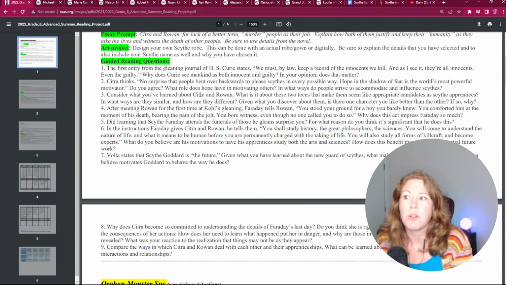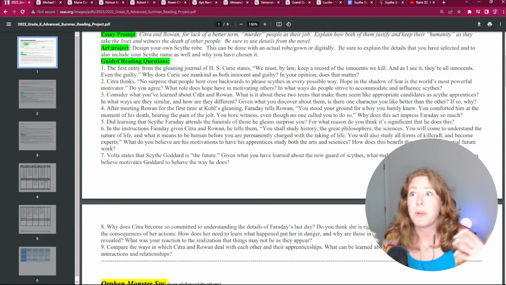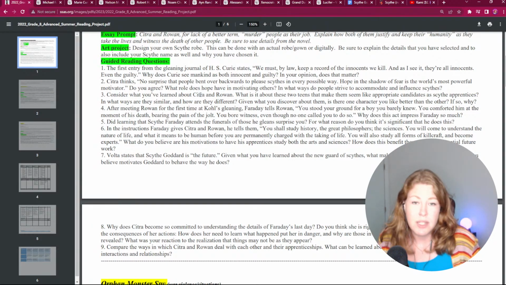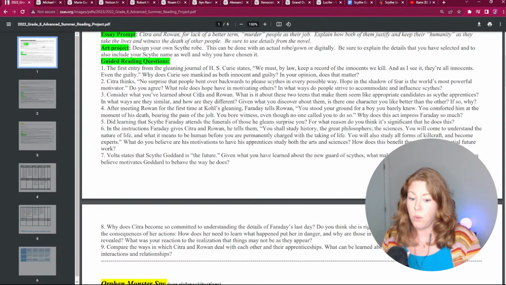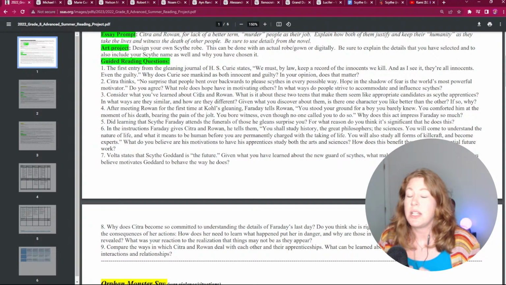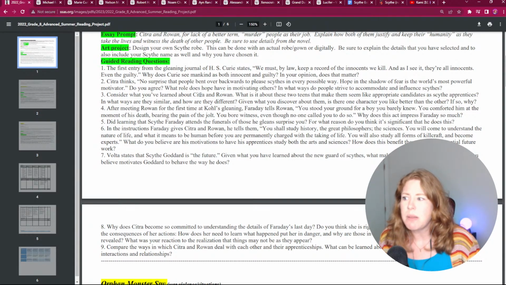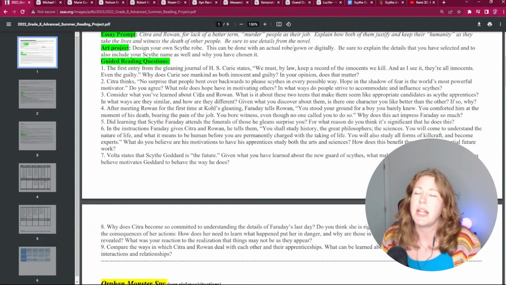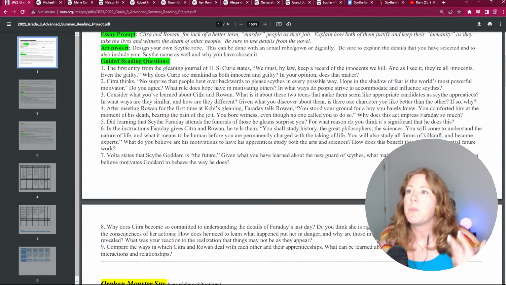You have to understand those emotions and what comes with that, because people react differently when faced with death, as we've seen in the book, right? One guy fights Faraday off and tries to stop him. Other people are in denial. Why me? How could it be me? I've never known anybody to be gleaned, right? So you have to be ready to experience those emotions and help people work through them when they are faced with gleaning.